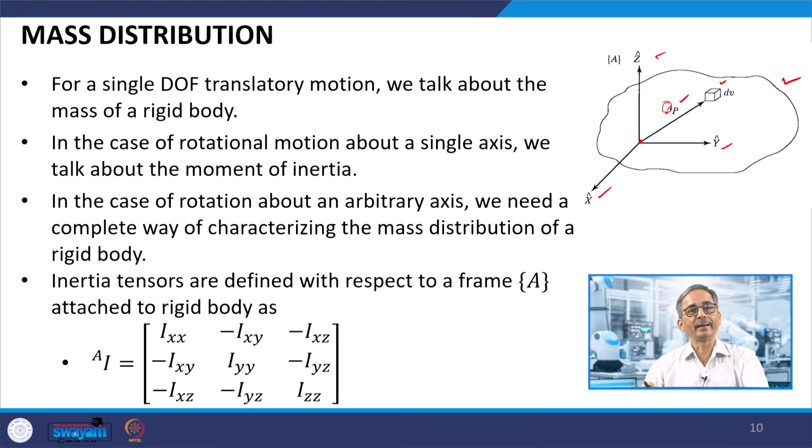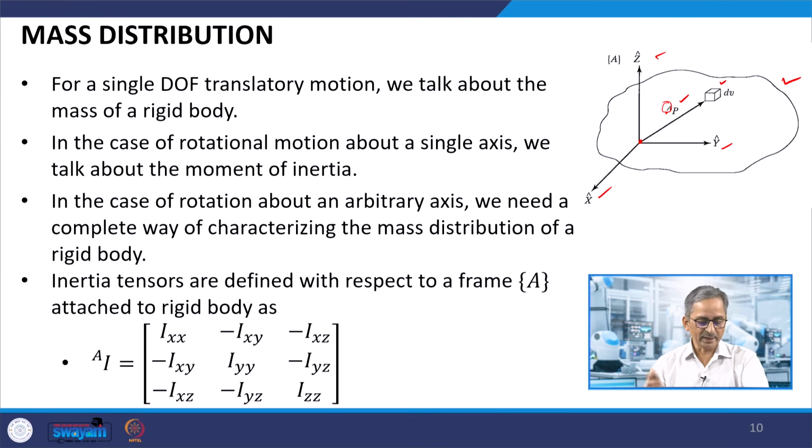But in case of rotational motion about a single axis, we talk about the moment of inertia. In the case of rotation about an arbitrary axis, we need a complete way of characterizing how the mass is distributed in the rigid body, and that is done using an inertia tensor.